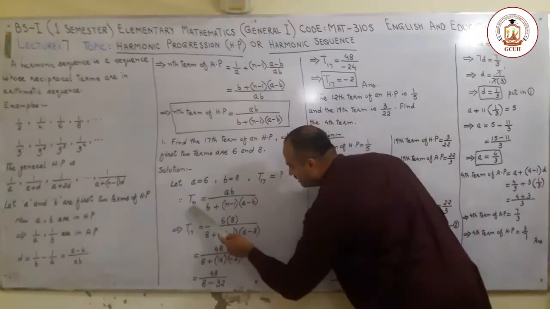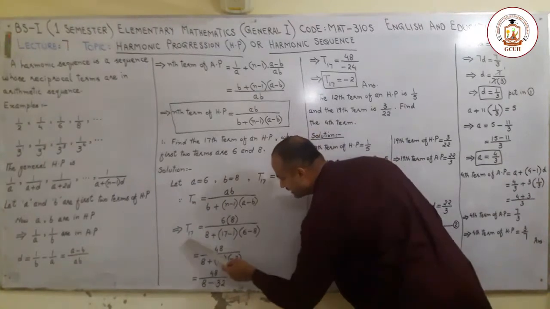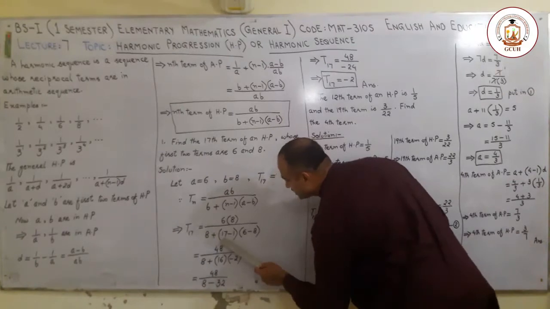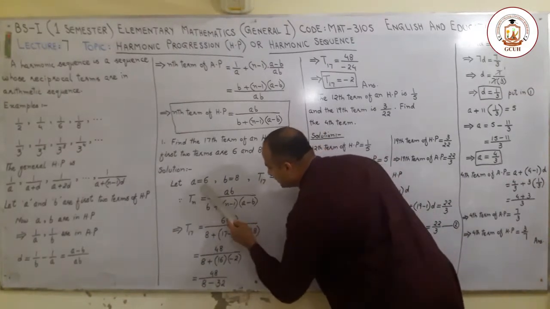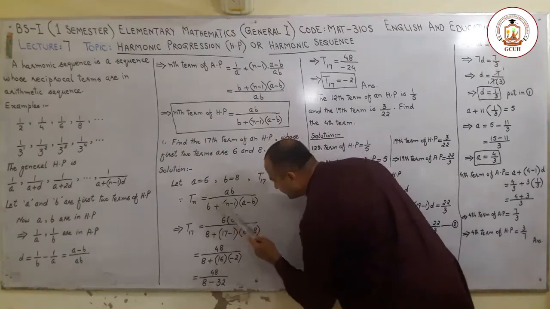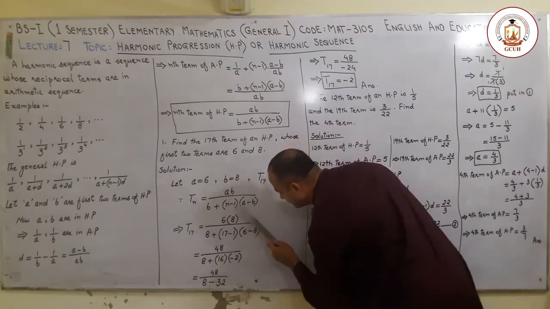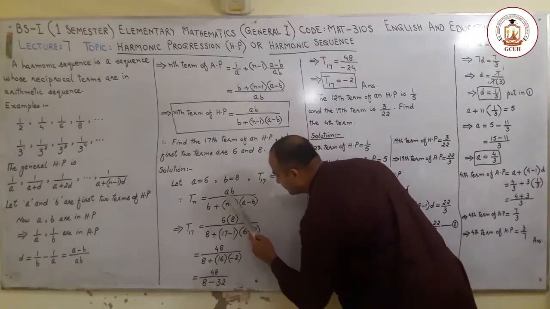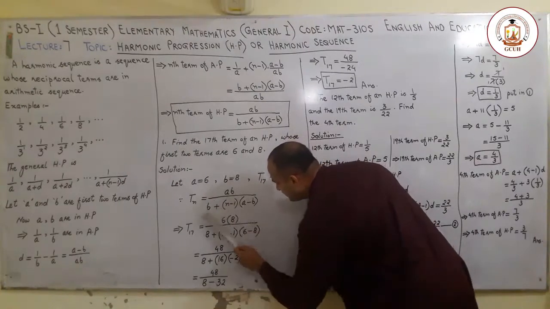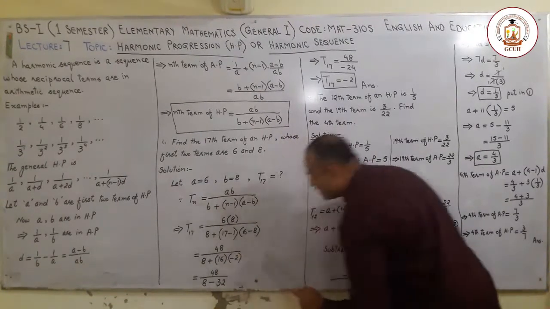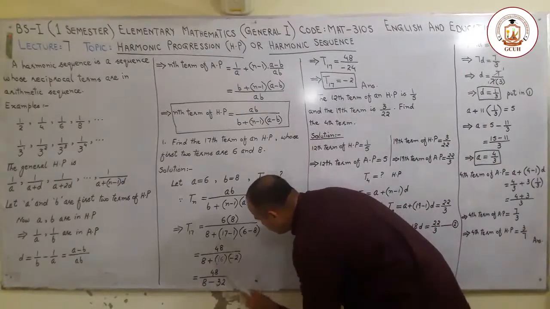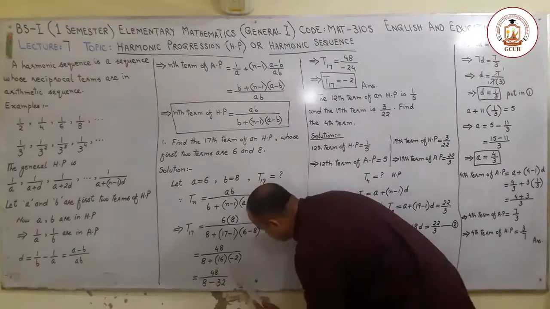So when n is equal to 17, let us substitute n equal to 17 in their respective positions, and in place of a we will substitute 6, and in place of b which is present in 3 positions we will substitute 8 here, here and here. So it is written here. So let us simplify further. 6 8s are 48, 17 minus 1 is 16, 6 minus 8 is minus 2.